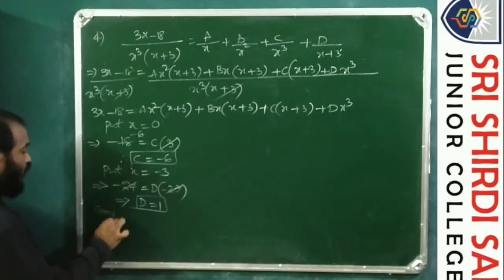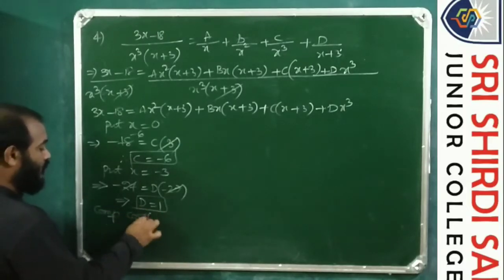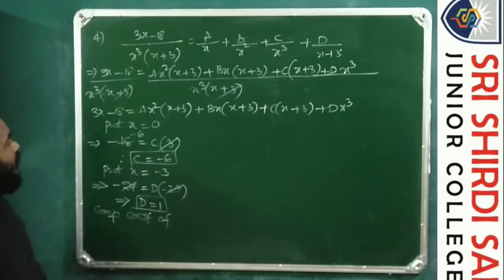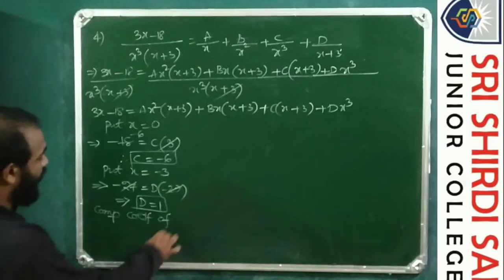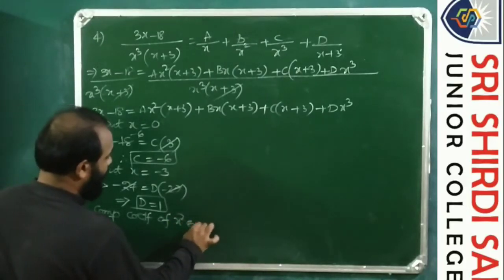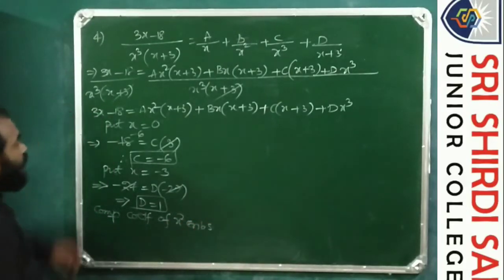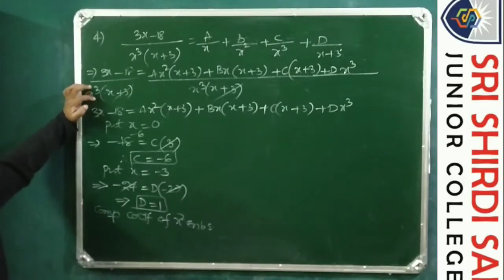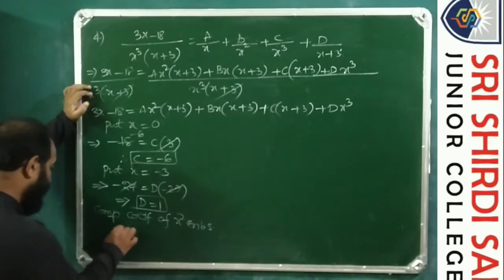Now comparing coefficient of x square on both sides. We don't have any x square term on the LHS, it will be 0.